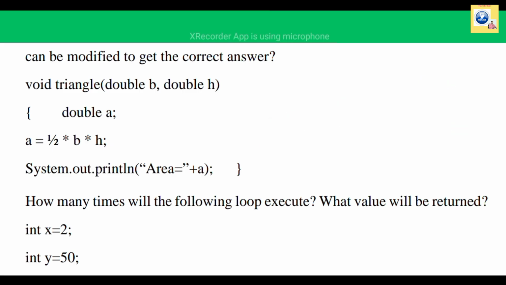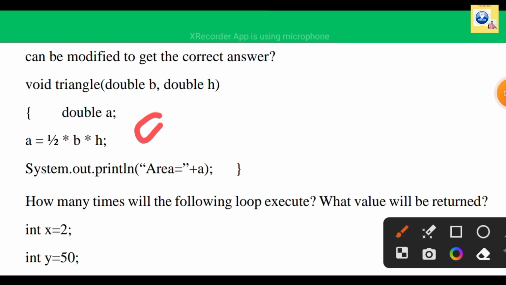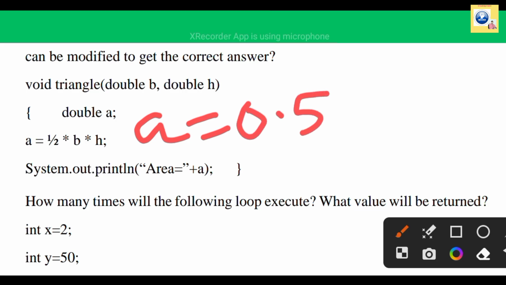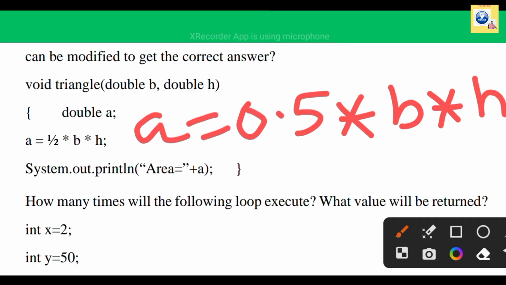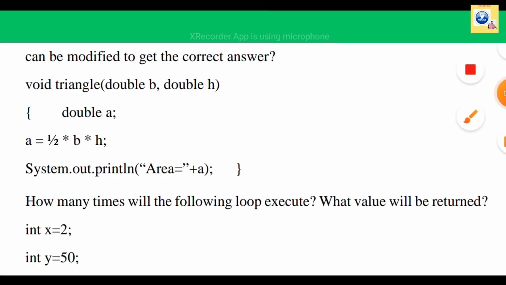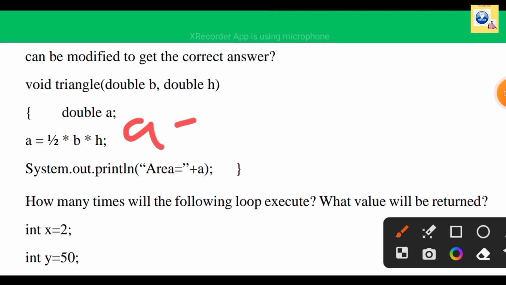So what correction has to be done? We have to correct this statement: A equals half into B into H. In place of half, we can write 0.5 into B into H. This is one option. Or the second option: you can write A equals 1 upon 2.0.